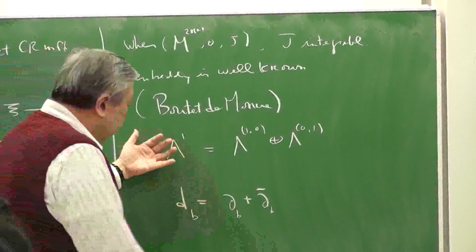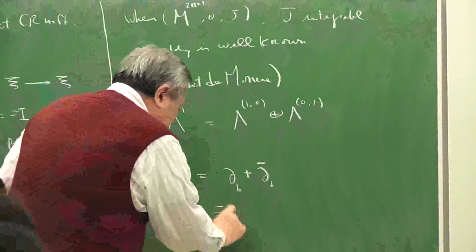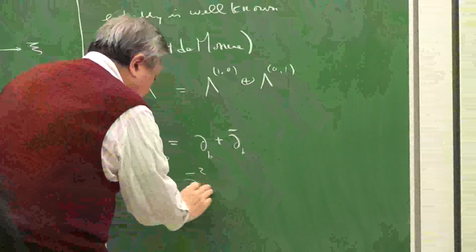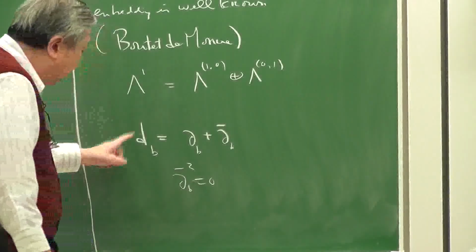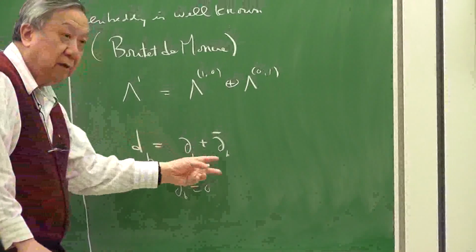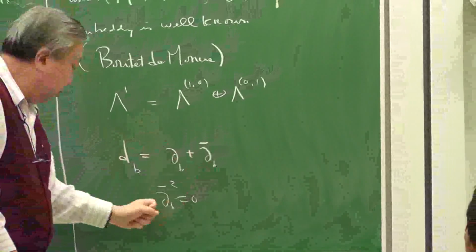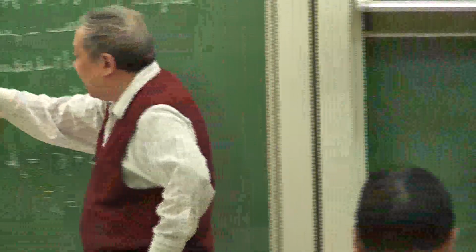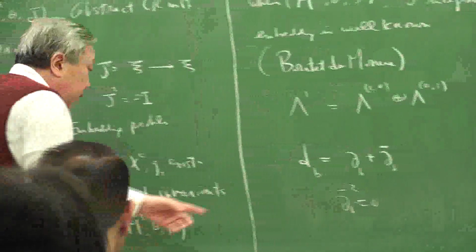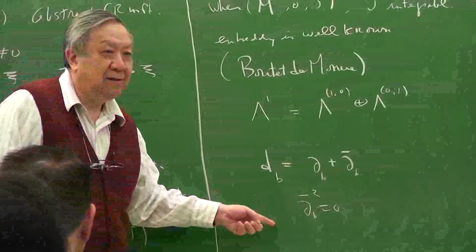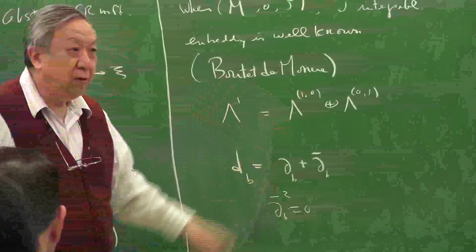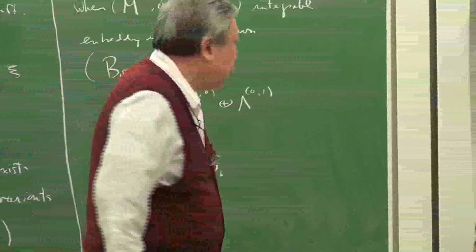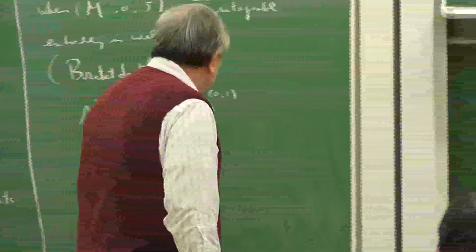And then to say integrable is that natural condition that d bar squared should be equal to 0. You know that d squared is 0, right? It may be 0 because of cancellation. So you insist on d bar, that is, say, d bar twice, you should get 0. This is the integrability condition. But in 3 dimensions, this integrability condition is vacuous. So you don't have a local formulation of integrability. That's why the problem is interesting.